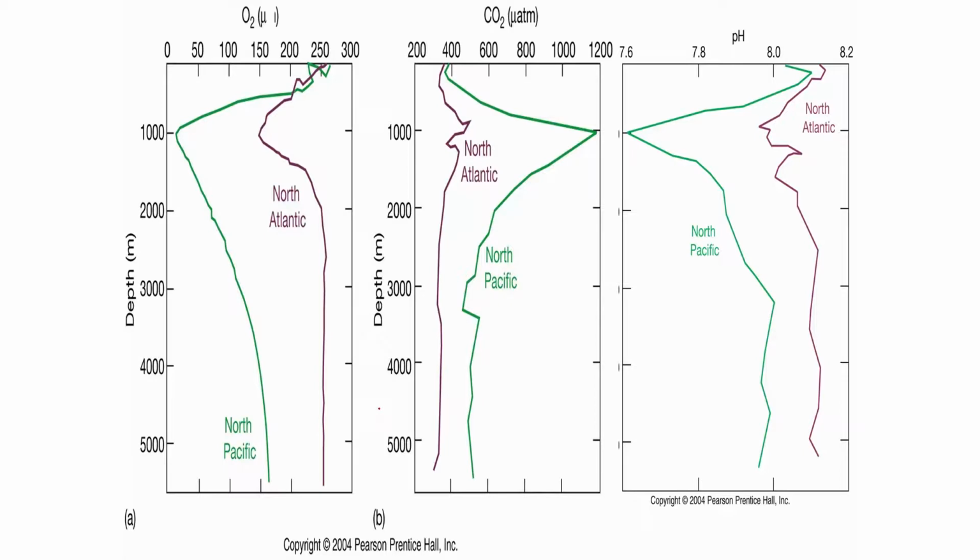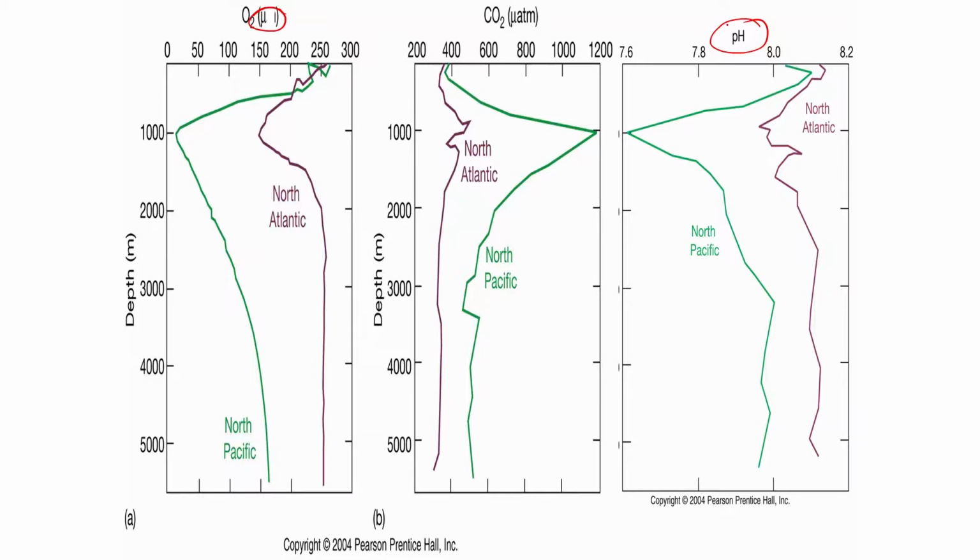So, if you look at the oxygen profiles, now we are using micromoles per liter, and here the CO2 is expressed as partial pressure, so microatmospheres, and we have not explicitly defined pH yet, but I think you all know what it is. It is basically the negative log of the concentration of hydrogen ion, H plus, which tells you about the acidity of the water.